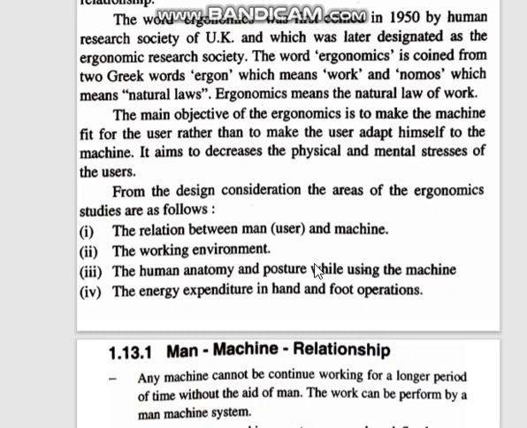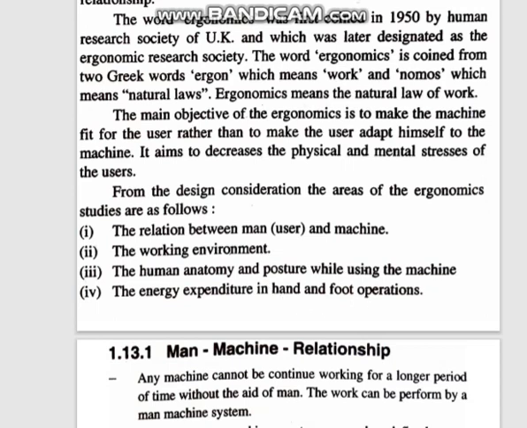Posture means in what position the man is when he is using that machine, whether standing, sitting, or in whatever position he is. Also the energy expenditure in hand and foot operations, and how much energy we are consuming as a human being in operating that machine.